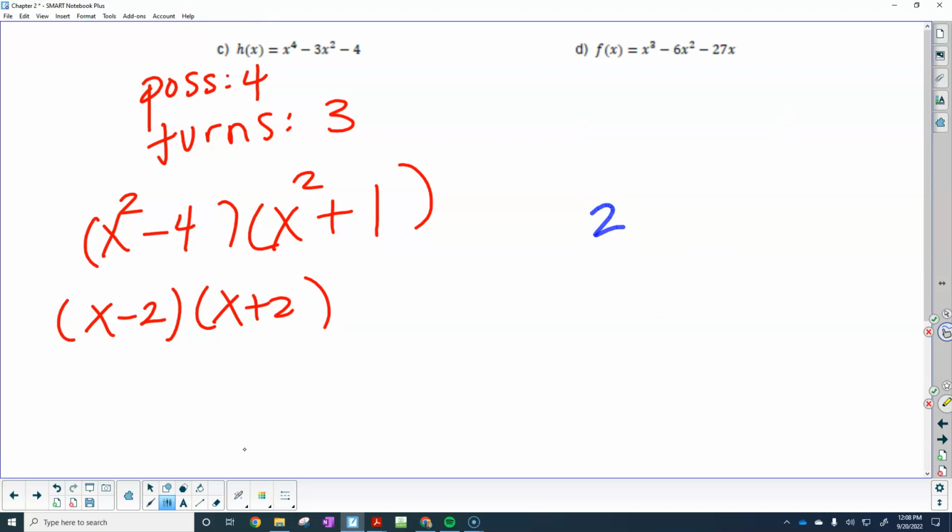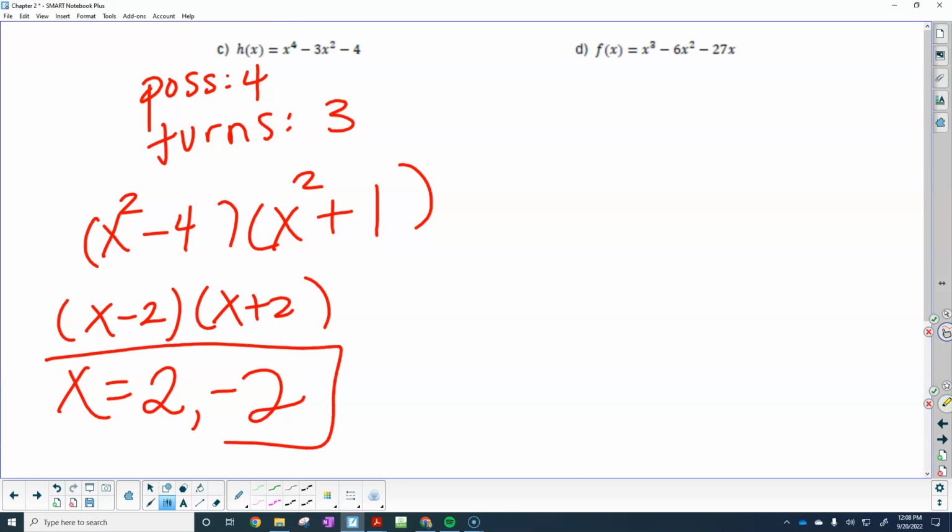So the only real answers that we have, the only times it really crosses the x-axis is at the positive 2 and the negative 2. So x equals positive 2 and negative 2. Those are the real zeros. I don't even care about the imaginary right now. I will. Those are important later, not this week. So box that in.